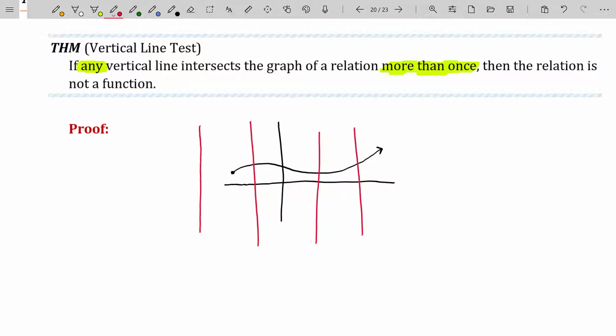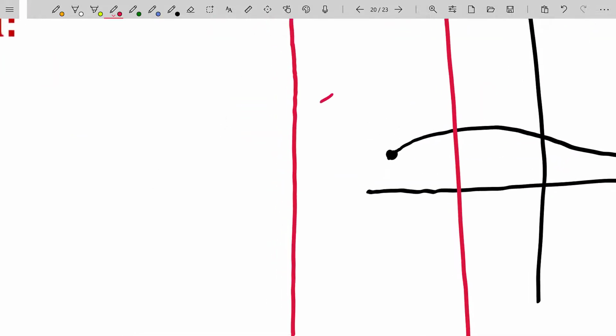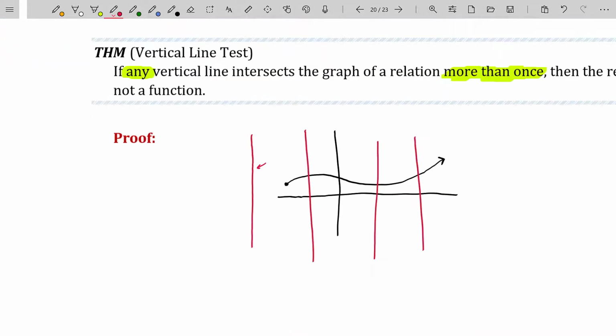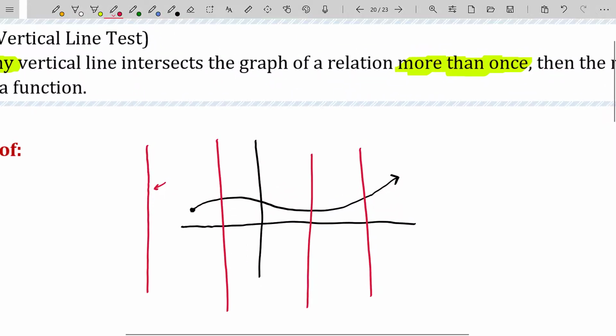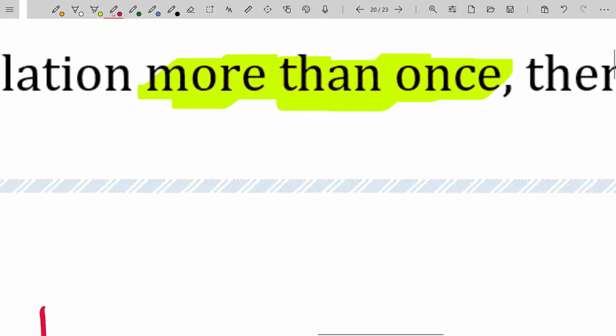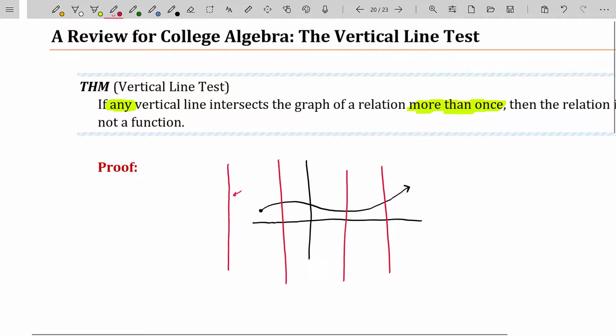In other words, they will not strike the curve more than once. And notice way off to the left here, this guy doesn't even strike the curve, but that's okay. The main thing we need to know is that our vertical line cannot strike the curve more than once. It's okay if it doesn't strike the curve at all, or it strikes the curve only once. What's not okay is if it strikes the curve more than once.